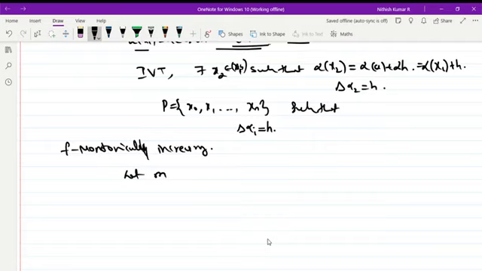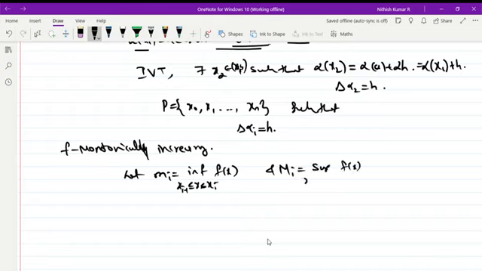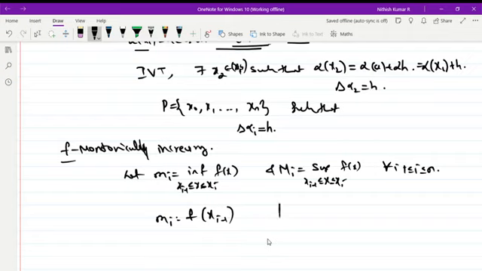So let small mi be the infimum of f of x, where x lies between xi minus 1 and xi, and capital Mi be the supremum of f of x, where x lies between xi minus 1 and xi, for all i, 1 less than or equal to i less than or equal to n. Now since f is monotonically increasing, small mi is nothing but f of xi minus 1, and capital Mi is nothing but f of xi, and this is true for all i between 1 and n.